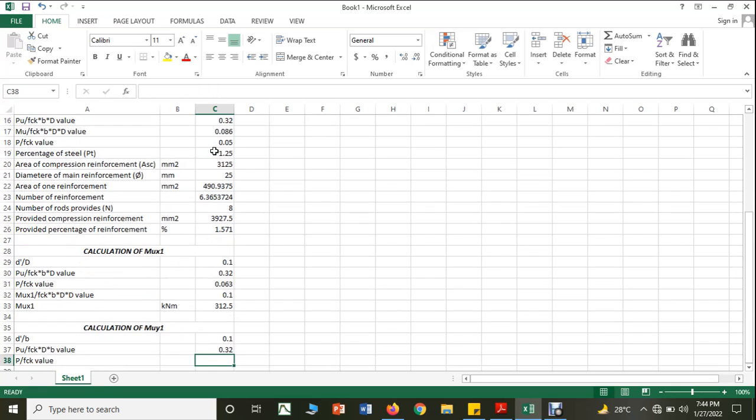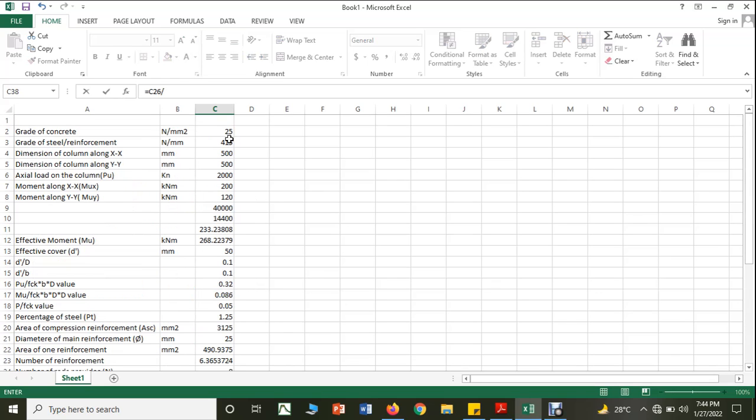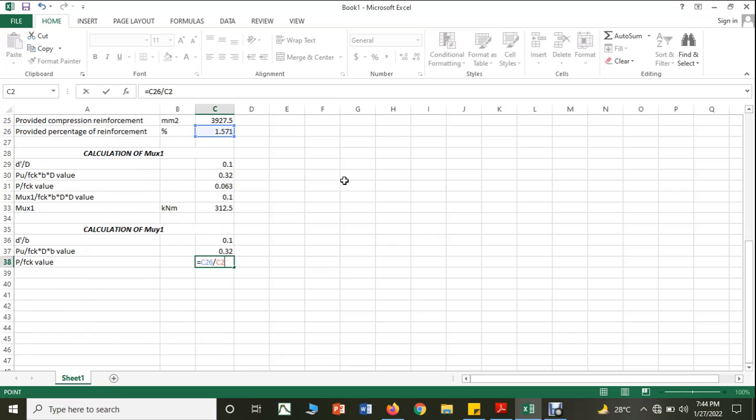That will be again 0.32, it won't change. But p by fck, as I already told, I am supposed to use the recent value divided by 25. So if I reduce it, it will come to 0.63.